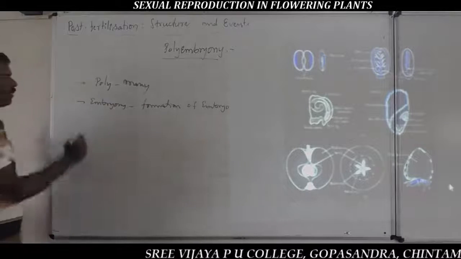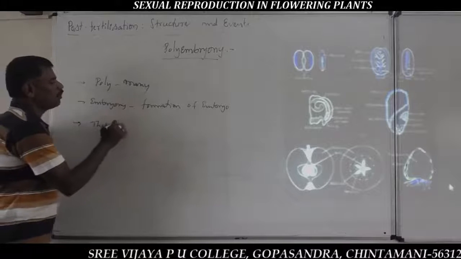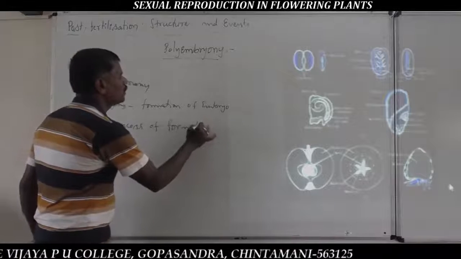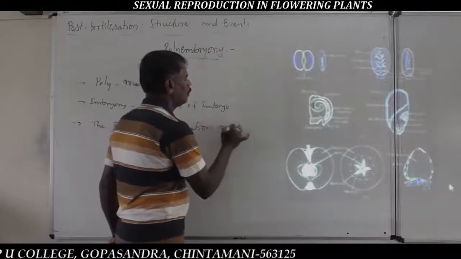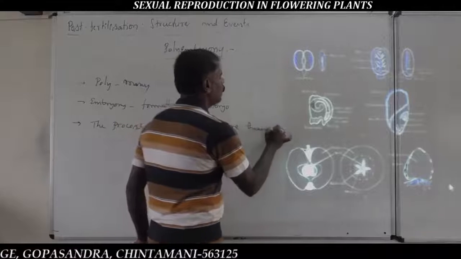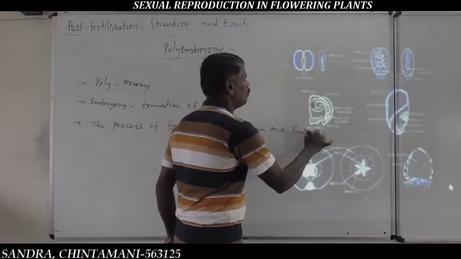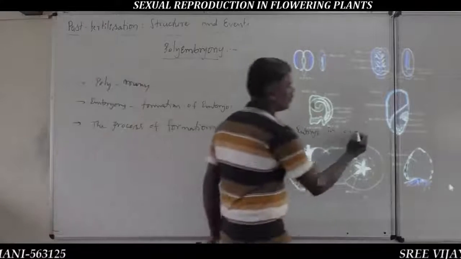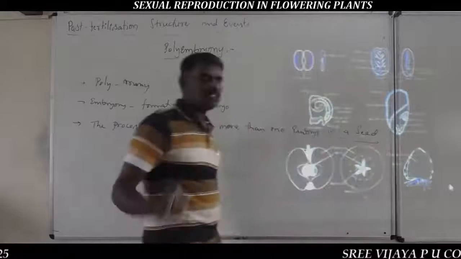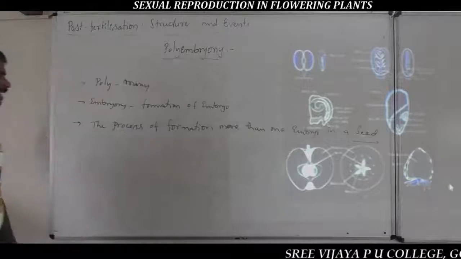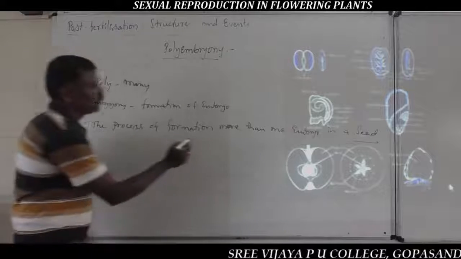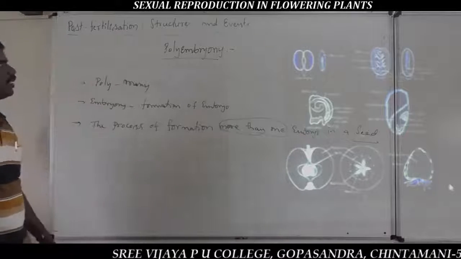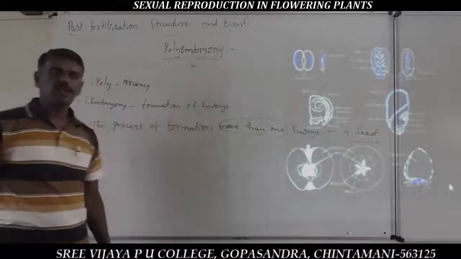So polyembryony is nothing but the process of formation of more than one embryo in a seed. In a single seed, there is formation of more than one embryo. Such a phenomenon is called polyembryony.